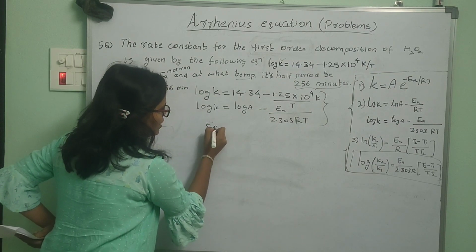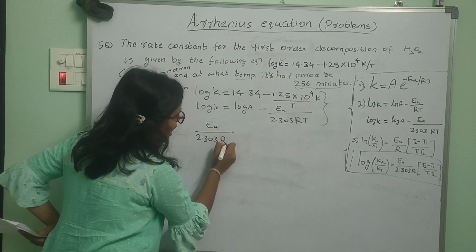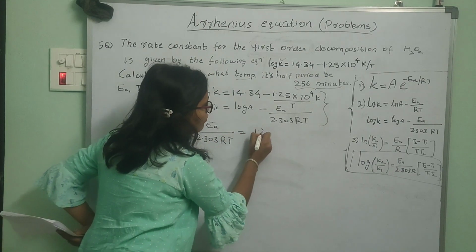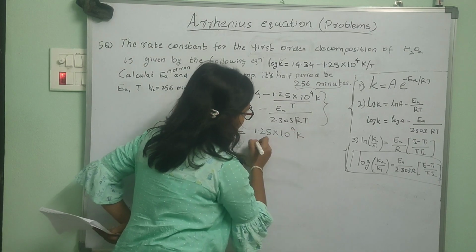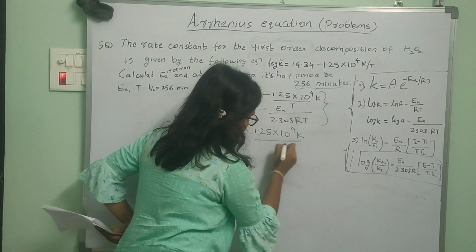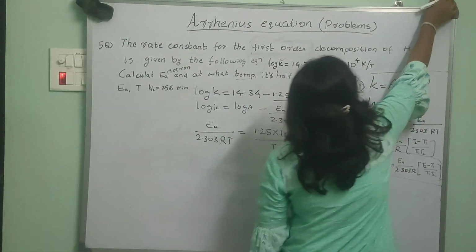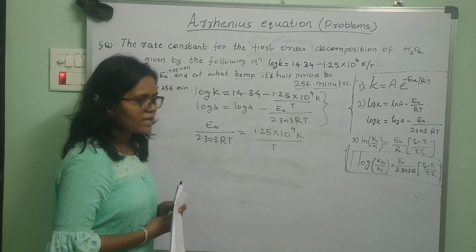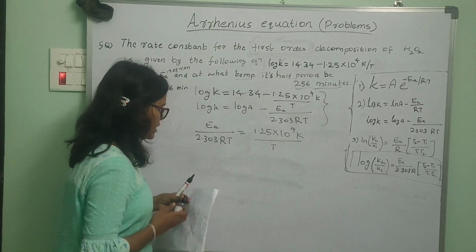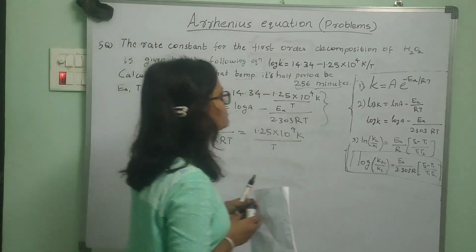So I can write EA by 2.303 RT is equal to 1.25 into 10 power 4 K by T. So on both sides, the temperature term will get cancelled. So you can easily find the value of activation energy from here, right?